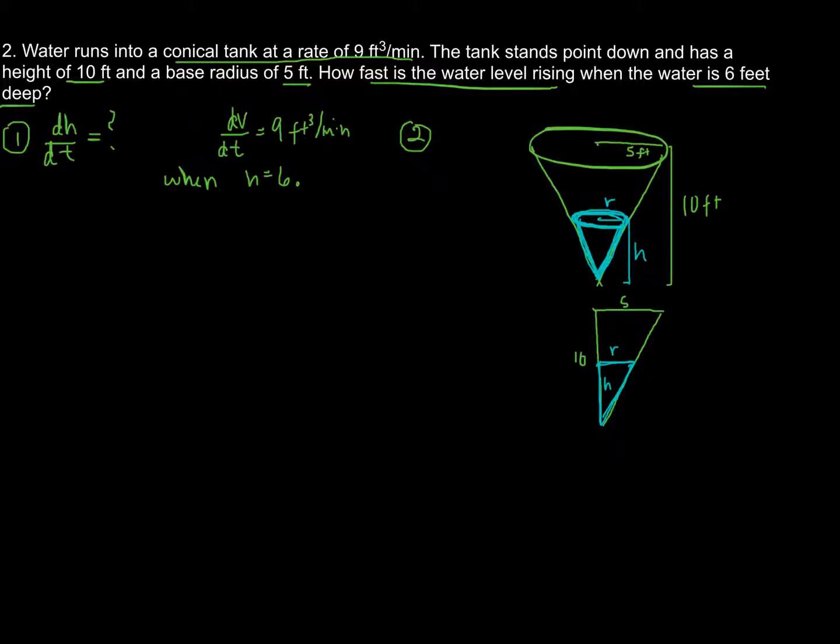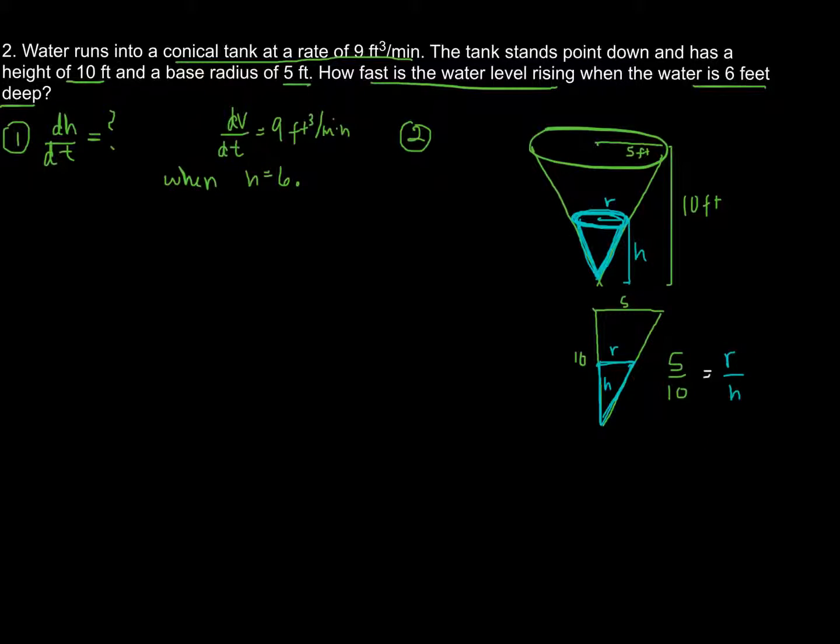So here I've drawn this taken out of the cone, and you can see that the two smaller side lengths of the smaller cone are R and H, and the two smaller side lengths of the larger cone of the tank are 5 and 10, which tells me that the ratio between 5 and 10 is going to be the same ratio, or is equal to the ratio between the radius and the height here of my cone of water.